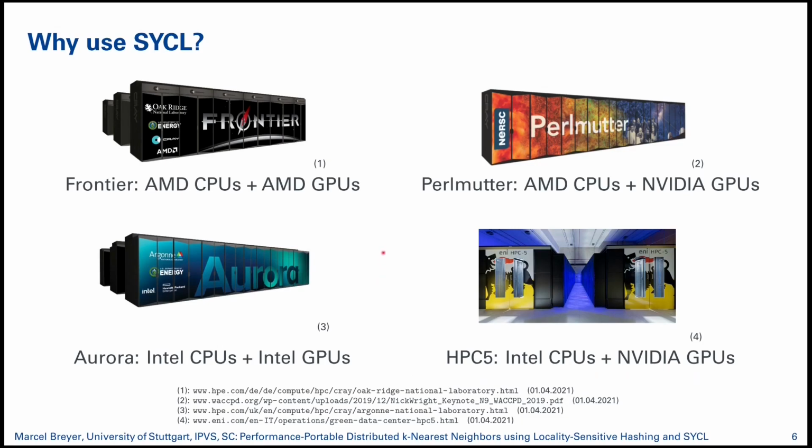As we can see, 4 supercomputers with 4 different hardware configurations. Now, as a developer, it would be nice if we only would need to write a single program to target all 4 supercomputers with reasonable performance, which can be achieved using SYCL.